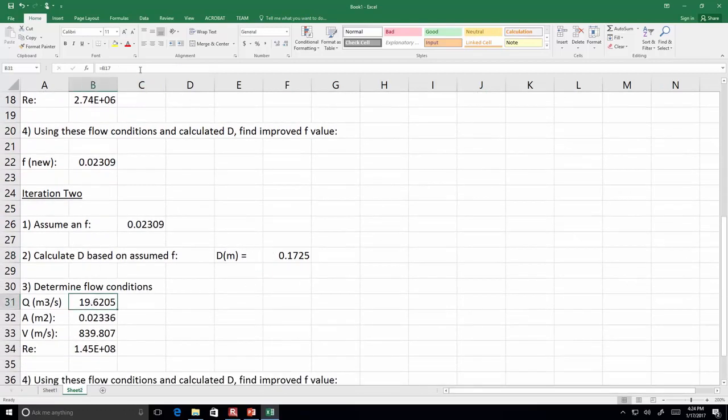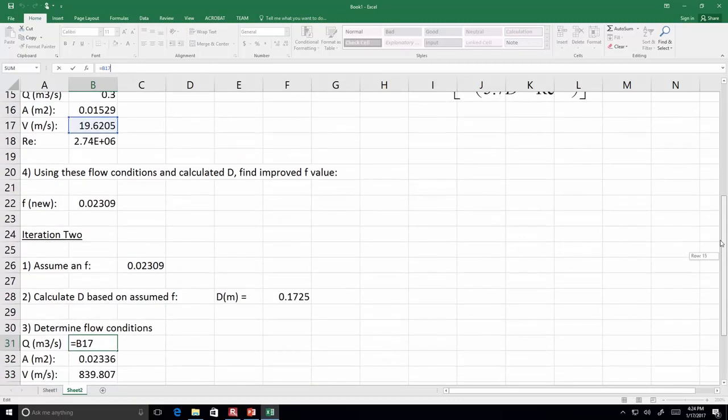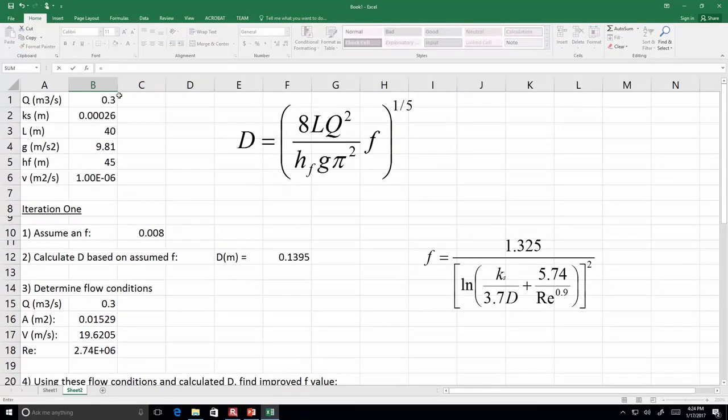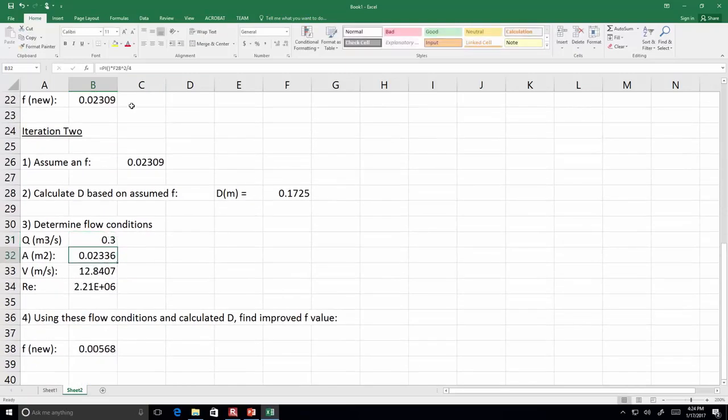That's going to change the flow conditions. So the flow rate, I should have anchored that flow rate. I didn't, so let me fix that. The flow rate is always going to be the same, 0.3. All right. So the area, I want to make sure it's referring to the diameter. It is.